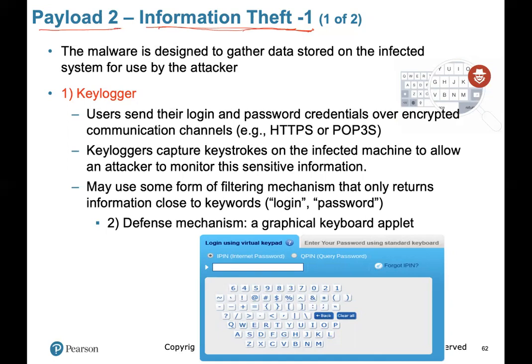One example of payloads that do information stealing is a keylogger. A keylogger is basically malware that comes onto your computer. It might be any type of malware. It might be a Trojan. It might be a worm or virus, whatever.